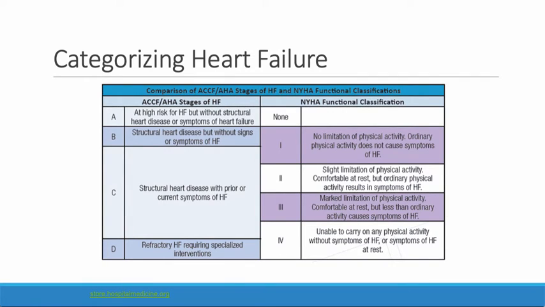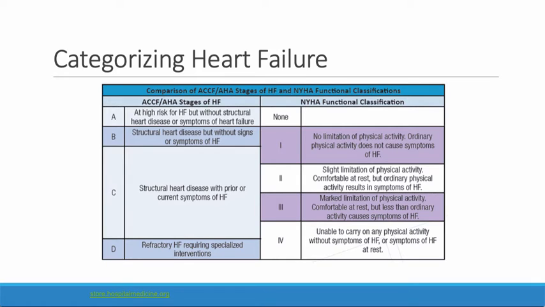It's important to know how we communicate in the medical record about heart failure. So it's important that we have a way that we can tell where is this person in terms of their heart failure today. So the New York Heart Association functional classification system was established 1 million years ago, and it has 4 different classes.